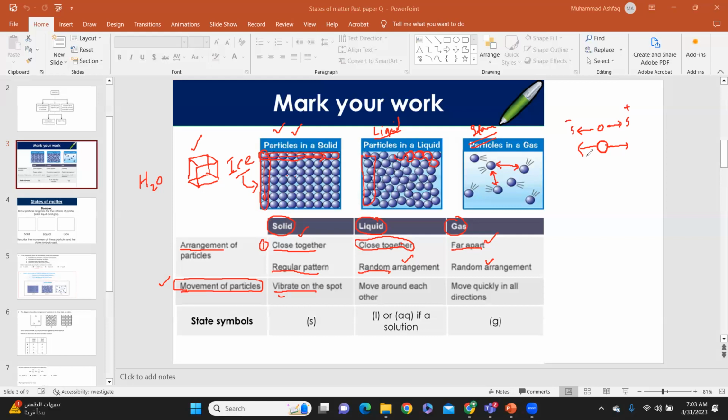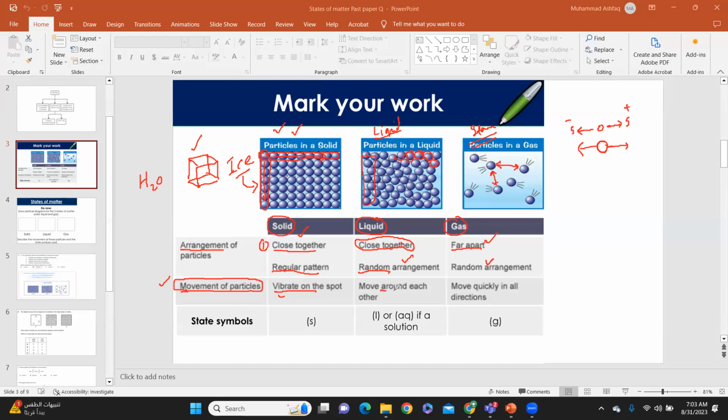This movement is a type of vibration in which they never change their place. Maybe up and down, right and left, to and fro from its mean position. Now, what about the movement in gas?